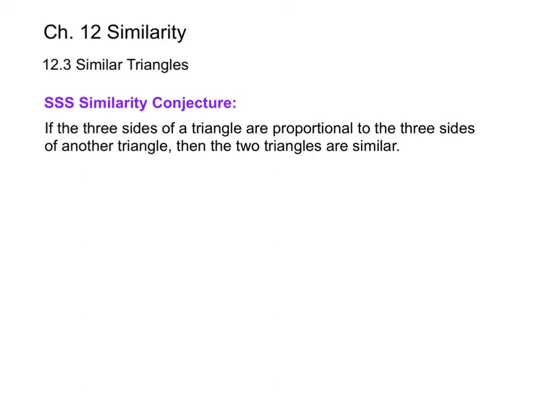So we're going to start out with the SSS Similarity Conjecture, which says that if the three sides of a triangle are proportional to the three sides of another triangle, then the two triangles are similar. So say we have this triangle here with sides 3, 4, and 5.